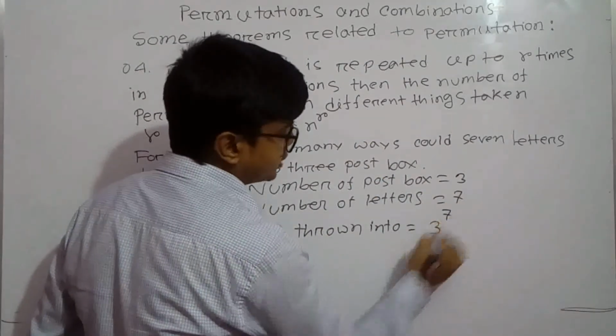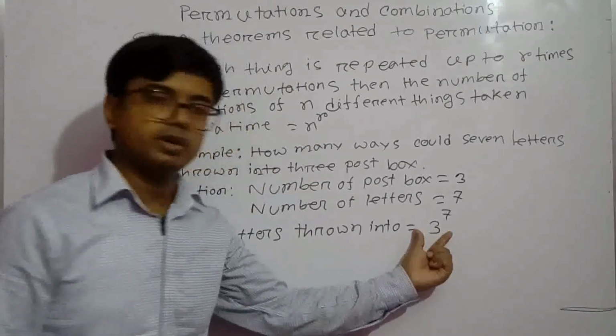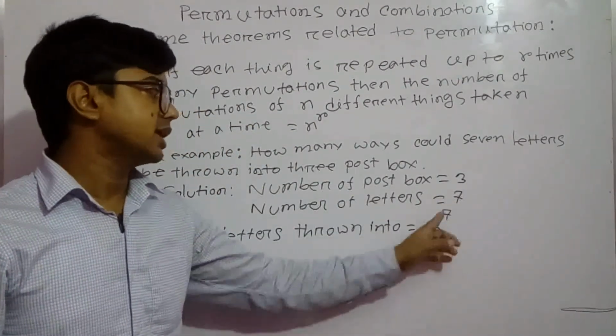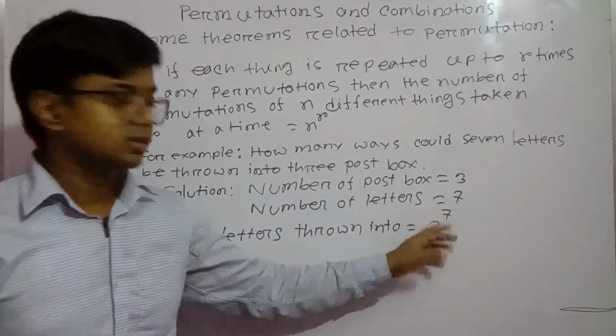So we can write 3 to the power 7. So our answer will be 3 to the power 7. Here 3 is fixed and 7 is changeable.